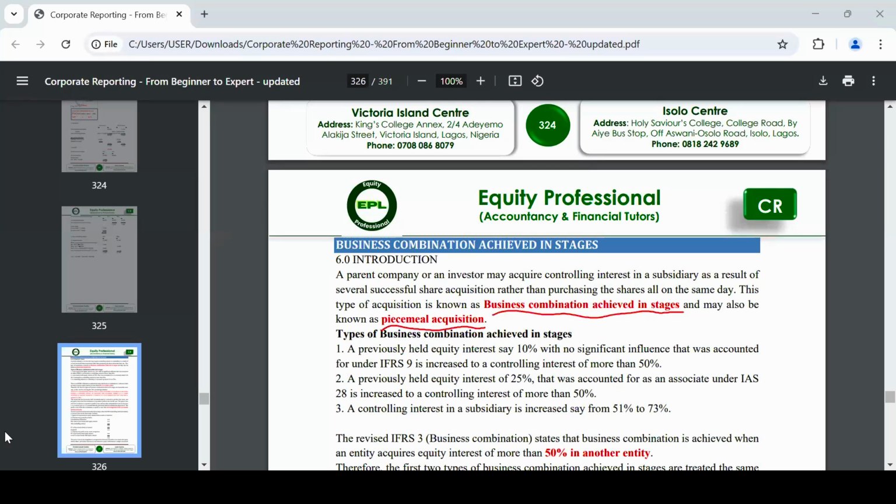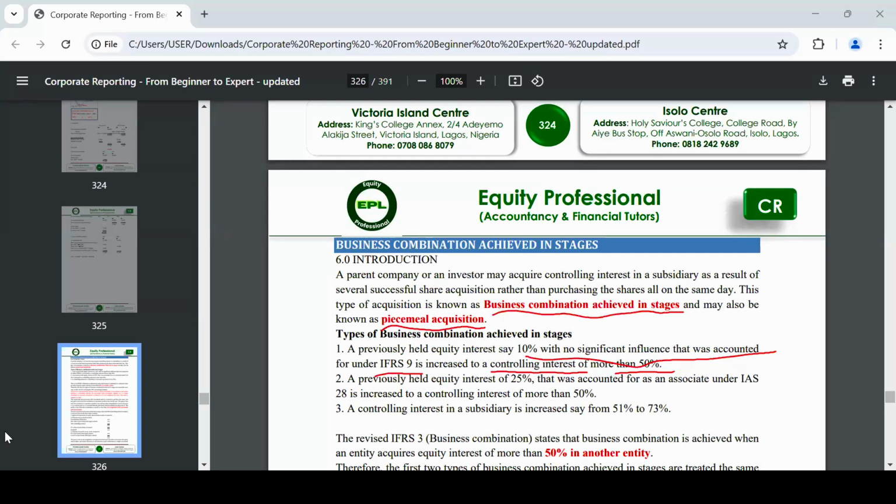Okay, let's look at the different situations or different types that we may have. We may have a previously held equity, say 10%, with no significant influence that was accounted for under IFRS 9, and this could go up to over 50%, and at that point, we say you have controlling interest.